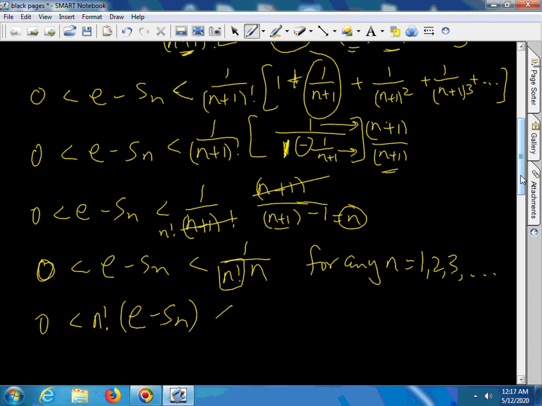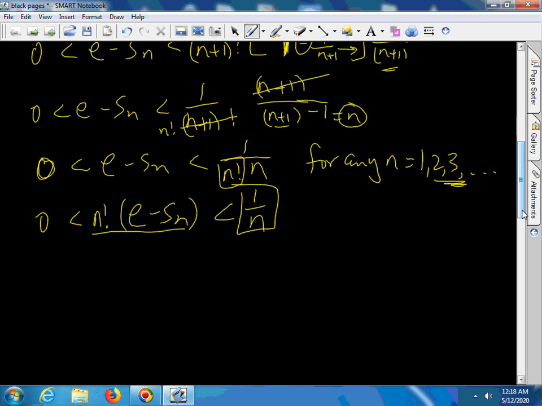The right side is 1 over n. Notice, if n is more than 1, this will be less than 1. For the most part, this will be less than 1. But we're actually going to show that for any n that we're going to use, it's less than 1. So this is a pretty key step.